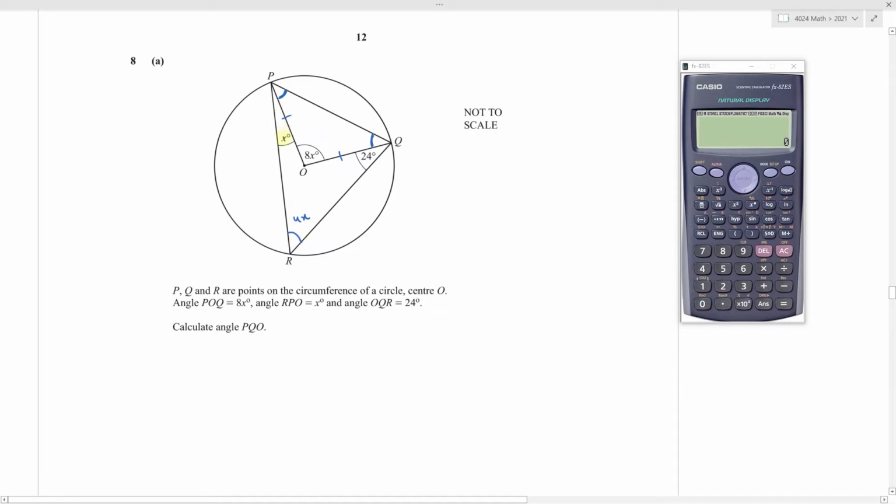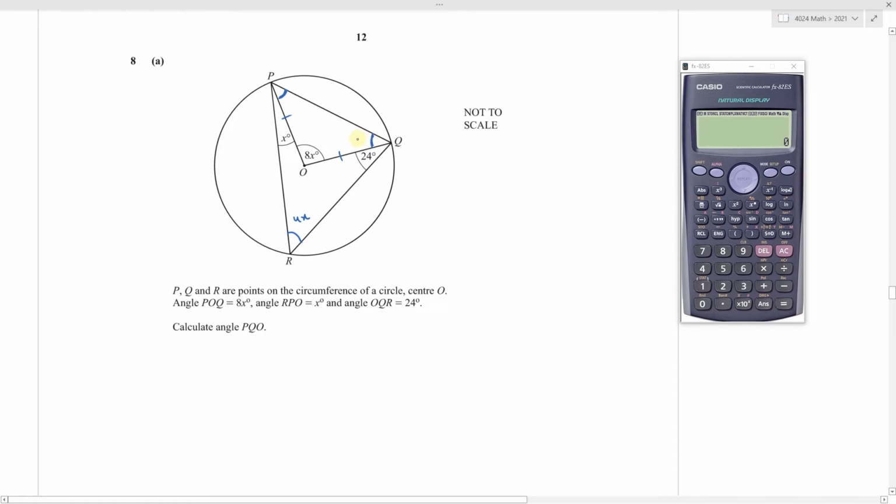I know this angle because I know this is x. I can find this in terms of x. Similarly, I know this is 24 and I can calculate this angle in terms of x. So using this larger triangle, then I can find the value of x, and then eventually I can find angle PQO.